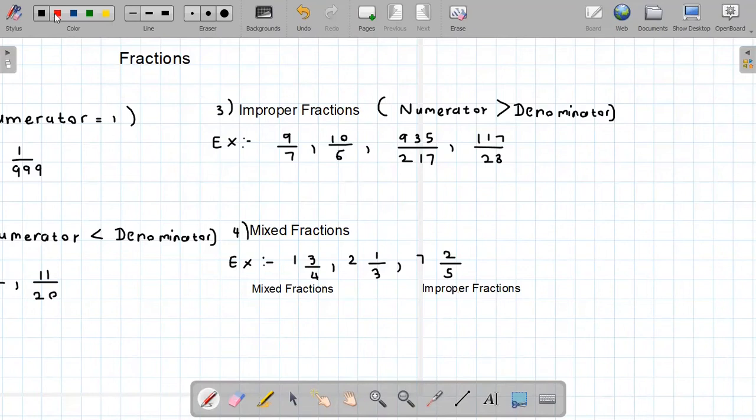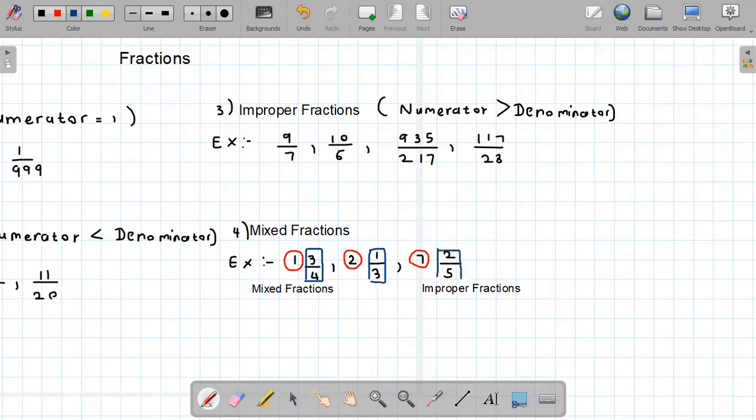Here, I will use another color to denote the whole numbers. Here, this is a whole number. Here, 2 is a whole number. 7 is a whole number. Then I will use blue color to highlight the fractions. Here, these are the fractions.